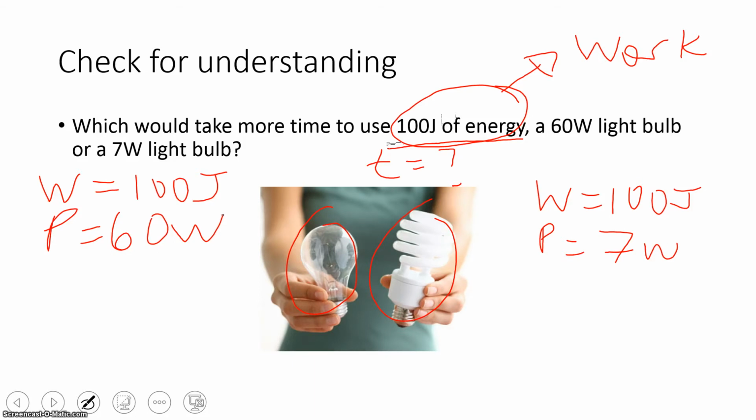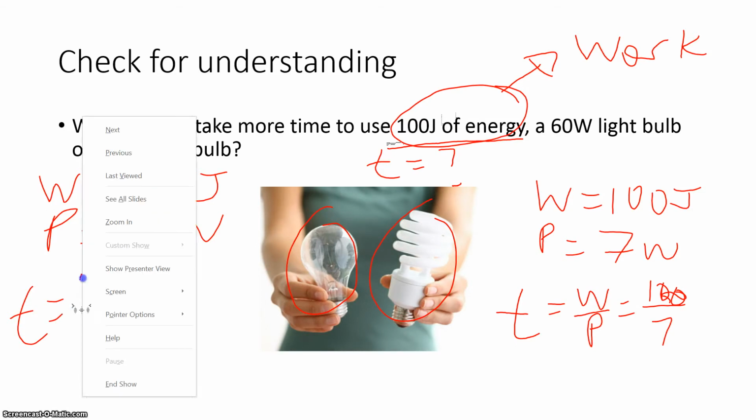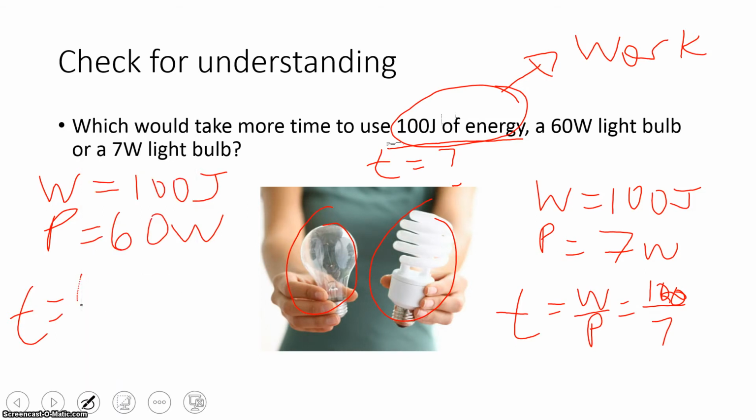Because power equals work over time, time would be equal to work divided by power. So that'd be 100 divided by 7, and this one would be 100 divided by 60.